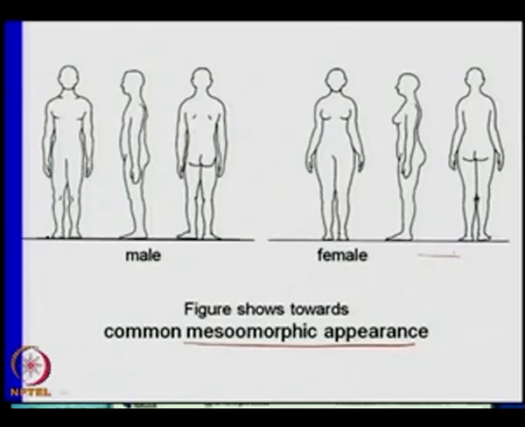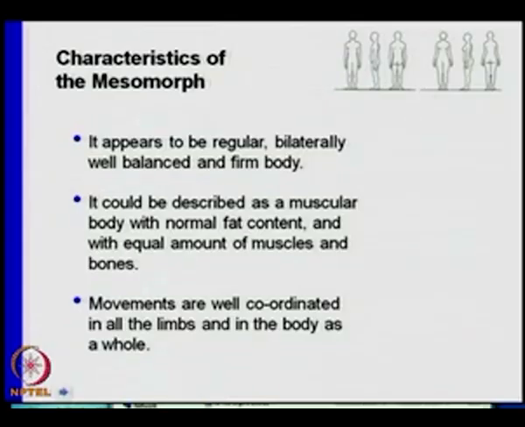Now, what are the characteristics of the mesomorph? It appears to be regular, bilaterally well balanced and firm. It could be described as a muscular body with normal fat content and with equal amounts of muscle and bone. Movements are well coordinated in all the limbs and in the body as a whole.